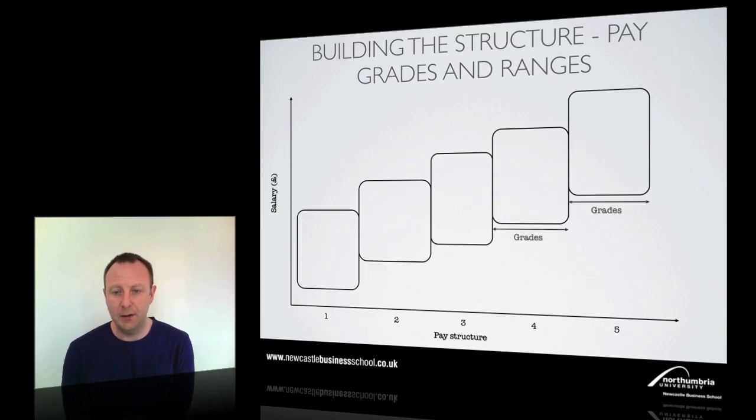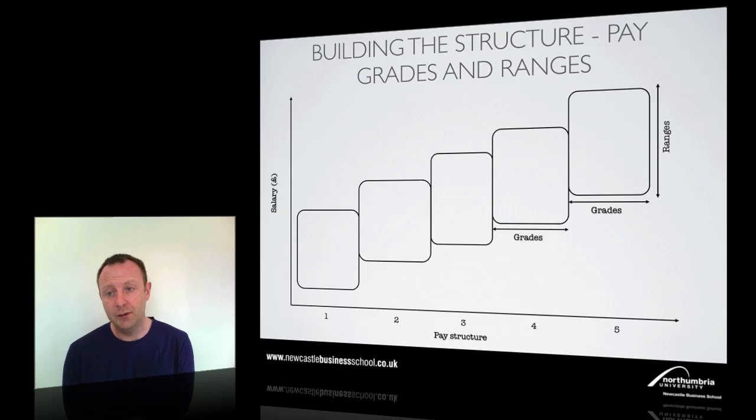The first thing is to be aware of the features of the pay structure. The grades that we refer to in a grades and ranges pay structure, the grades are about the width of these boxes, about the scope of job valuation points that are enclosed within a particular grade.